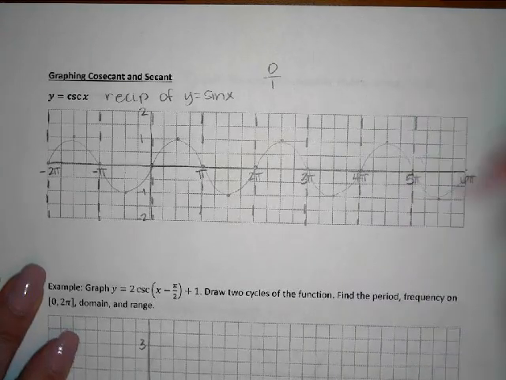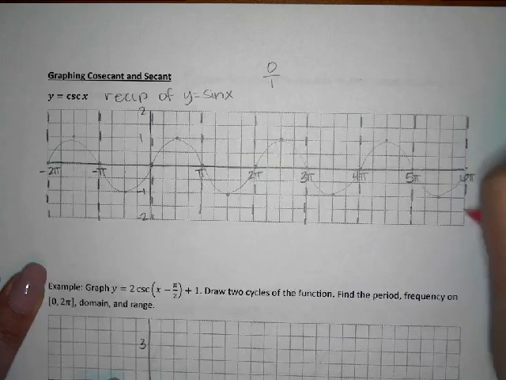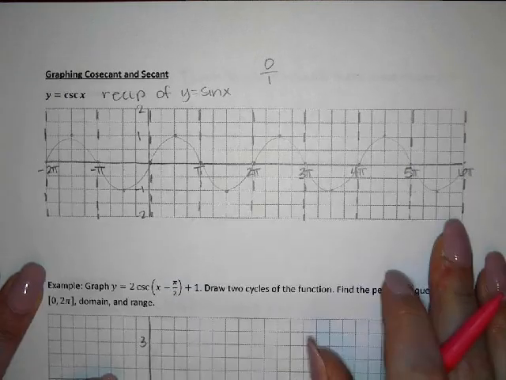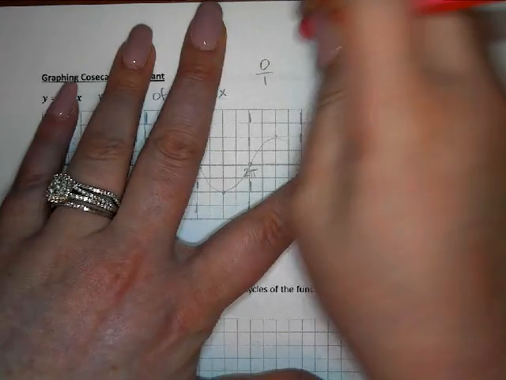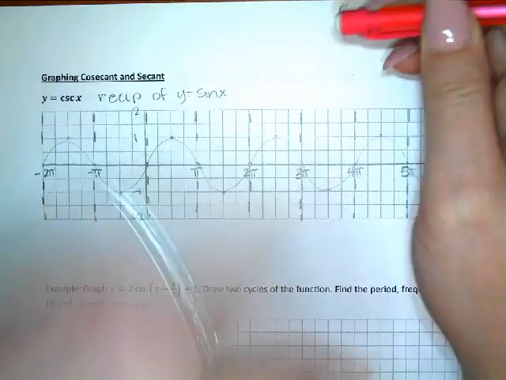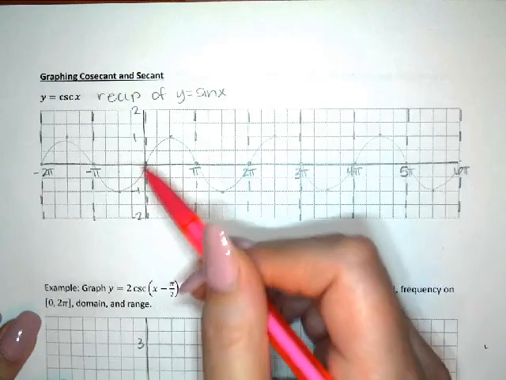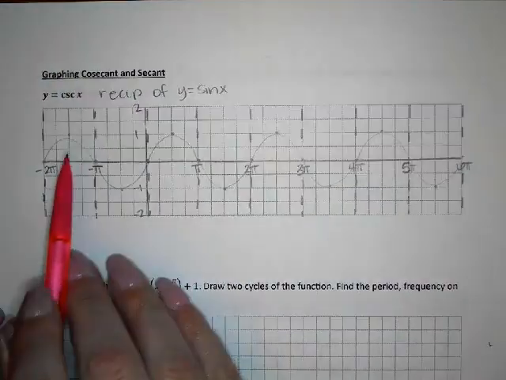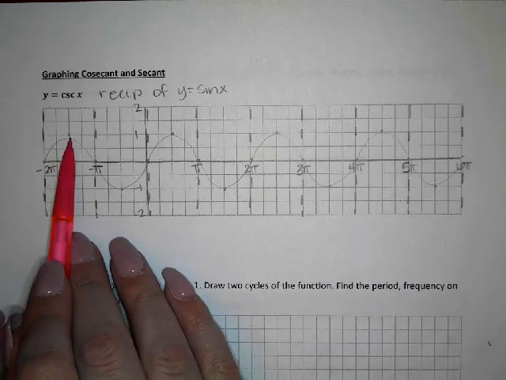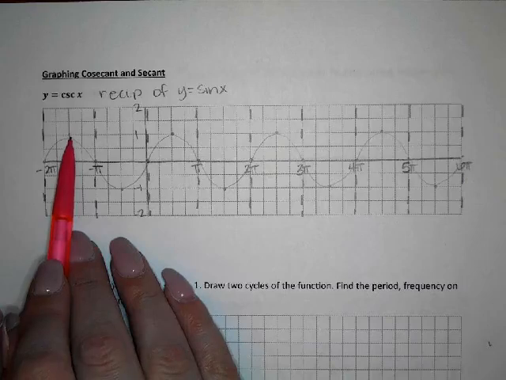Then, any place that sine was 1, that's the fraction 1 over 1, and so the reciprocal of that for cosecant is still just 1 over 1. So that's actually part of the cosecant graph. So these points here, the positive one here and the negative one down here, those are part of the cosecant graph.